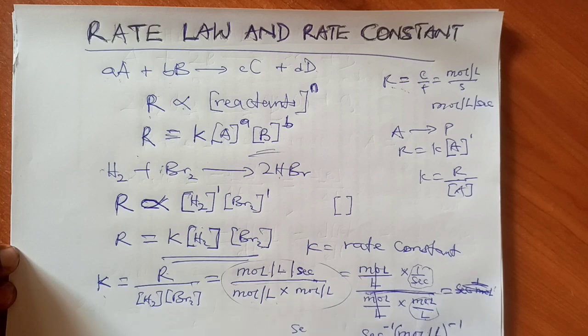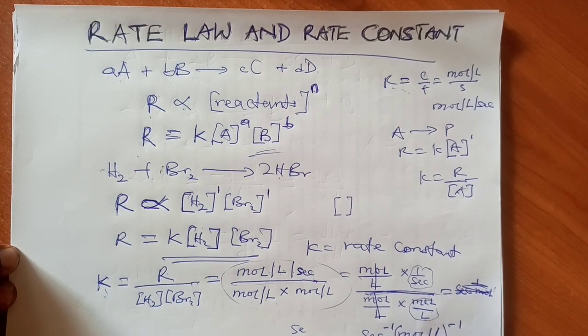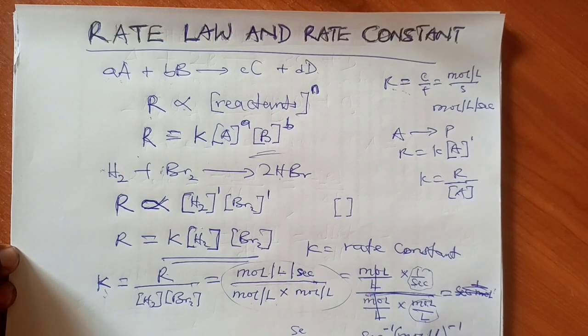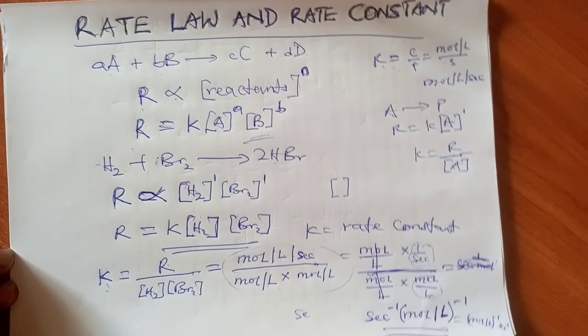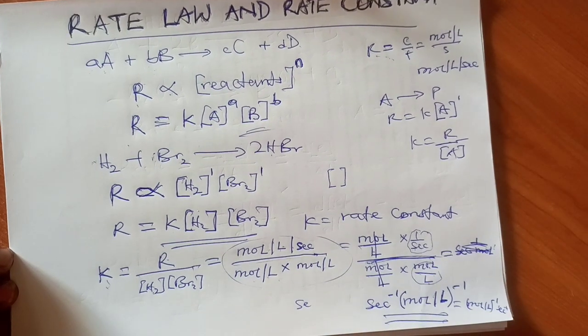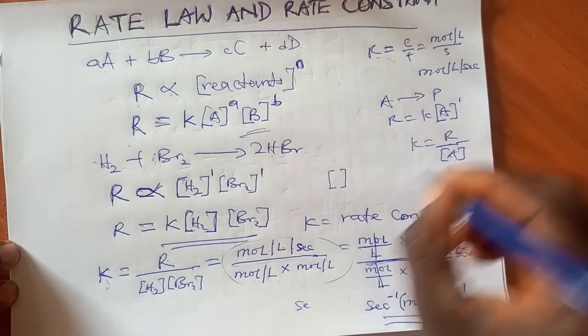This is the unit of this K, except you want to solve further, where you are going to have 1 over mole per liter, then you multiply it by this, okay. So in a nutshell, you leave it simply as per mole per liter per second. You get it? That is the unit of this.